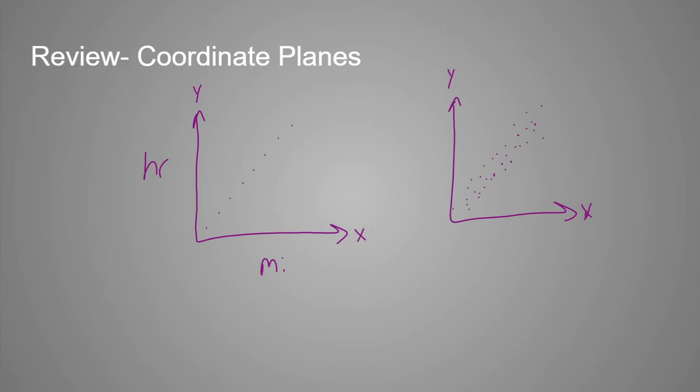And that trend is here and here. These represent what's called a direct proportion. As x increases, y also increases.